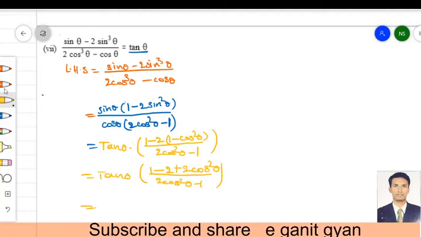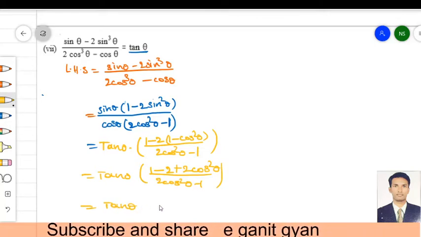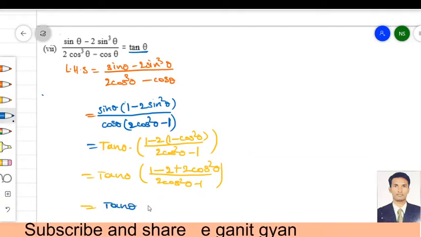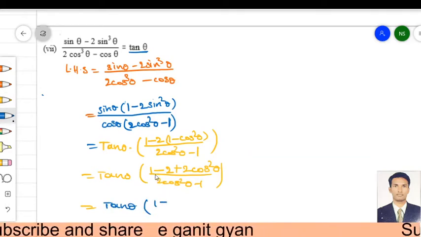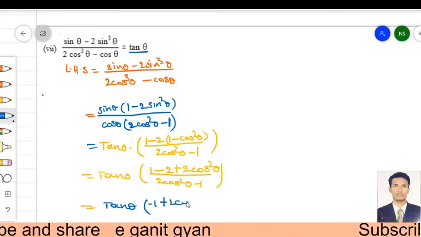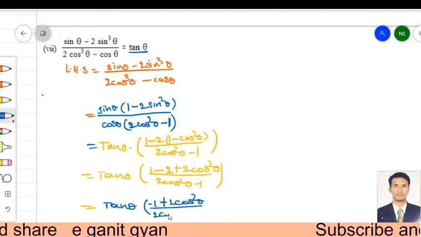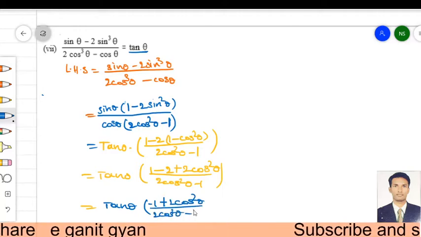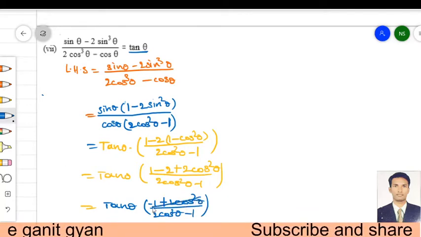So here tan theta as it is, and 1 minus 2 is minus 1, plus 2 cos square theta as it is, divided by 2 cos square theta minus 1. Now we can cancel these two.